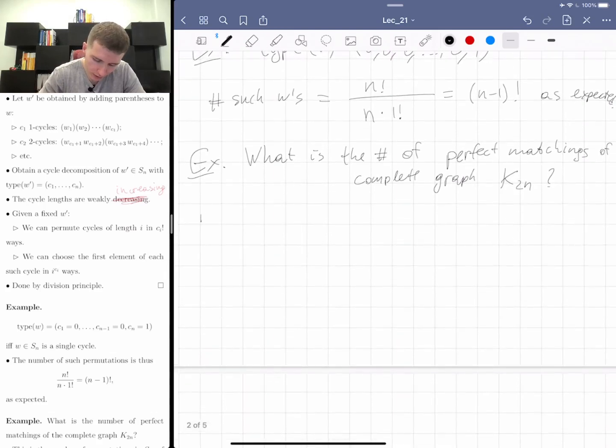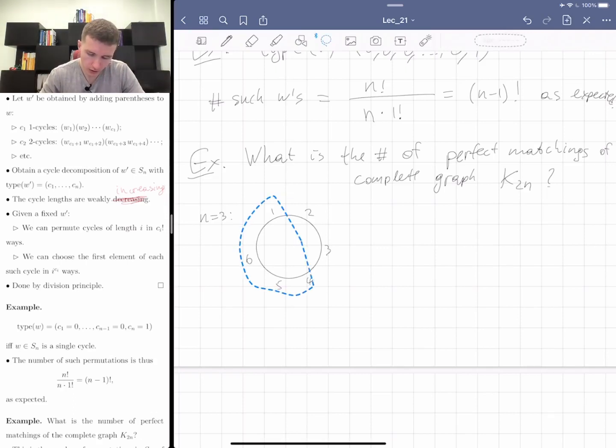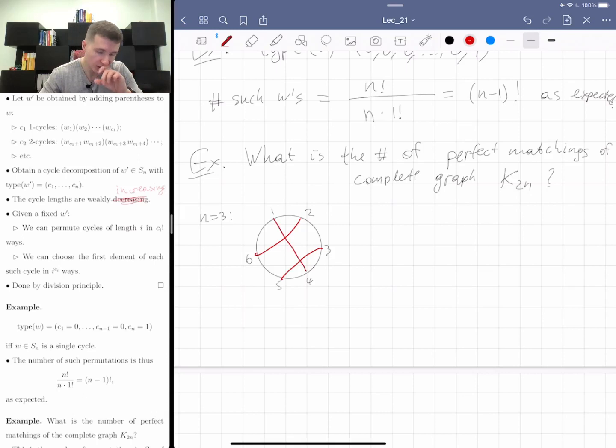Maybe n is equal to 3. What you do is you write 6 numbers on a circle. So here's a circle: 1, 2, 3, 4, 5, 6. Here's n equals 3. You want to split them into pairs in an arbitrary way. This is a perfect matching of the corresponding complete graph.